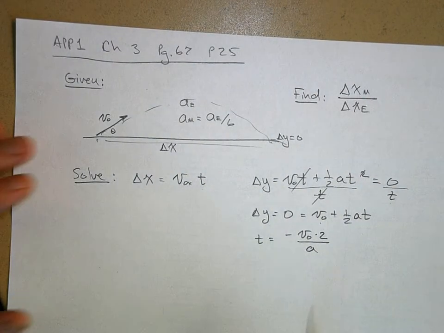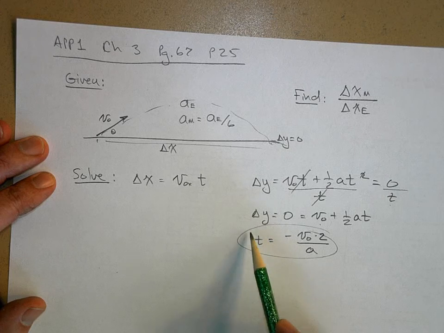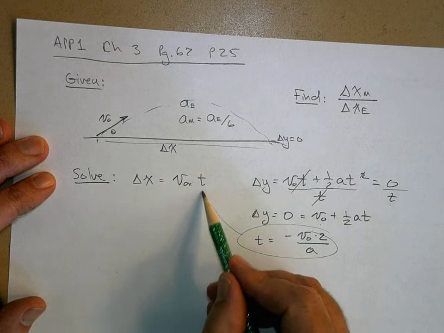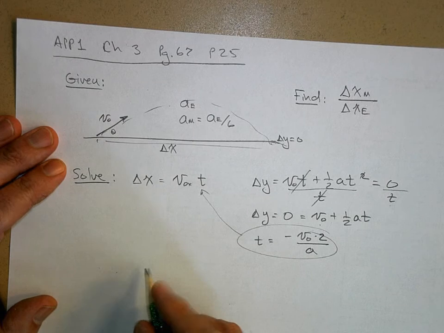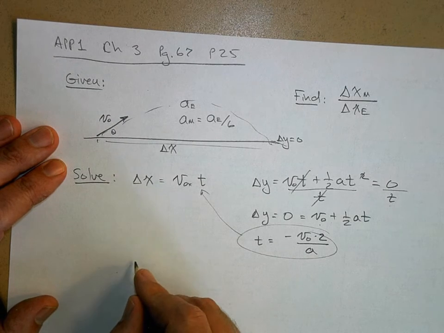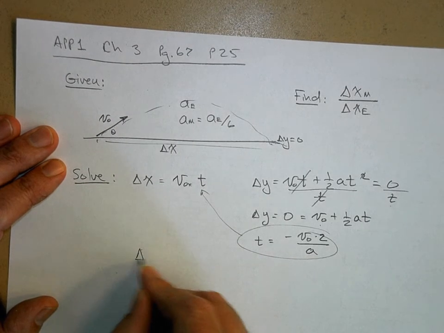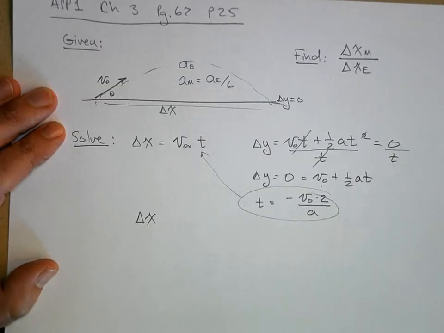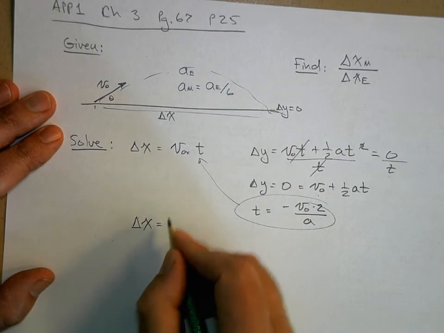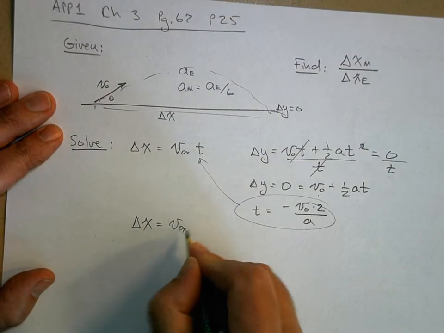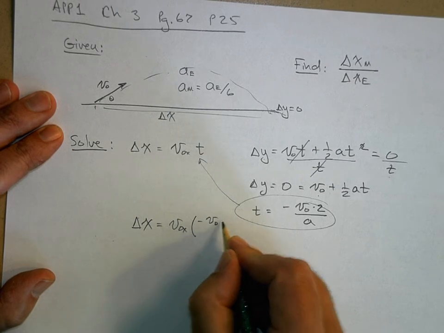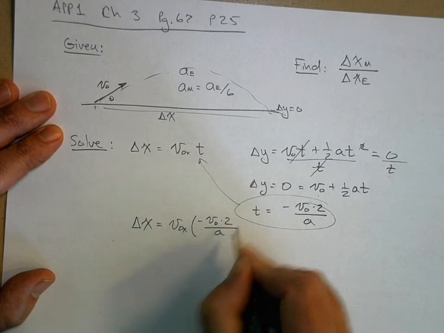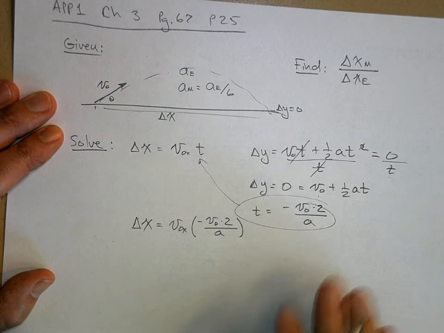All right? So now I'm going to take this and substitute it in here. So delta x, am I still on screen? Because that's what I messed up last time. Delta x equals v naught x times t, but t is equal to negative v naught times 2 divided by a. So now I can set up the ratio.